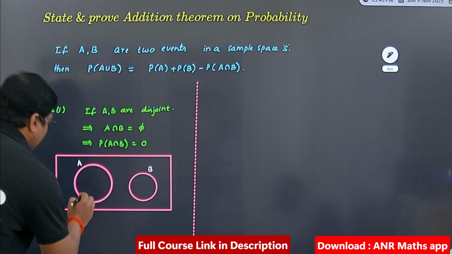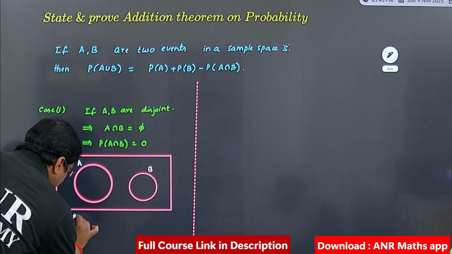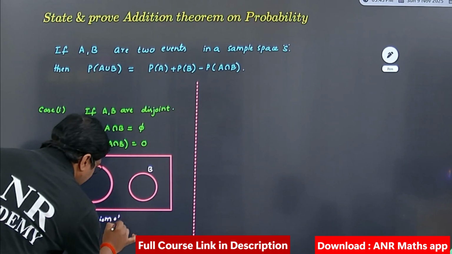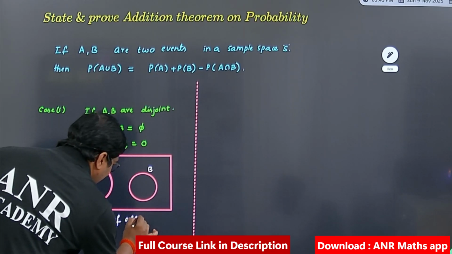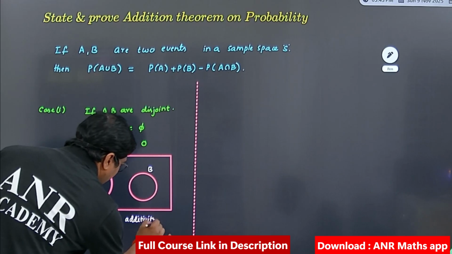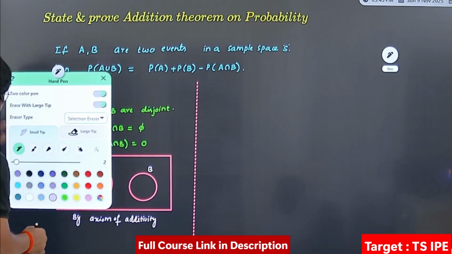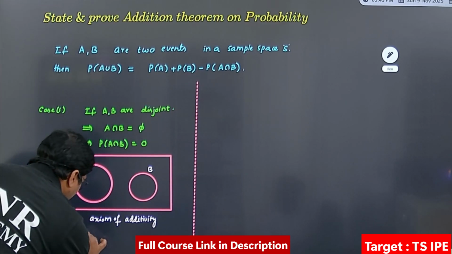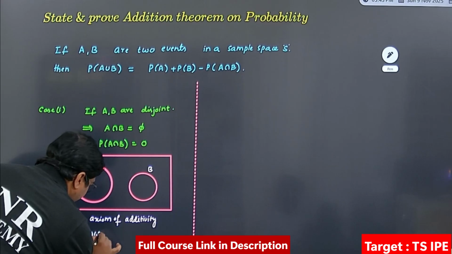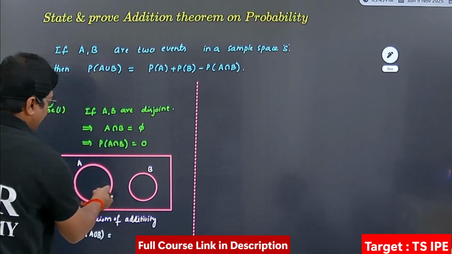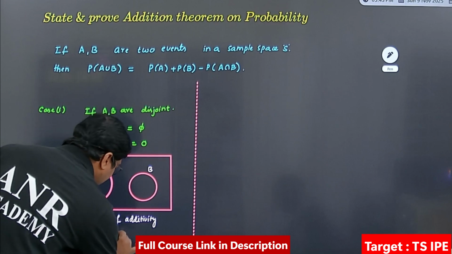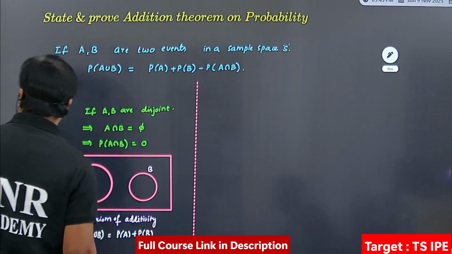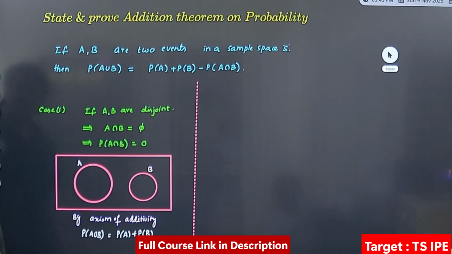And now by axiom of additivity, I can write probability of A union B. That is very clear, they are disjoint, so that I can write P of A plus P of B. Now what I am doing, observe.